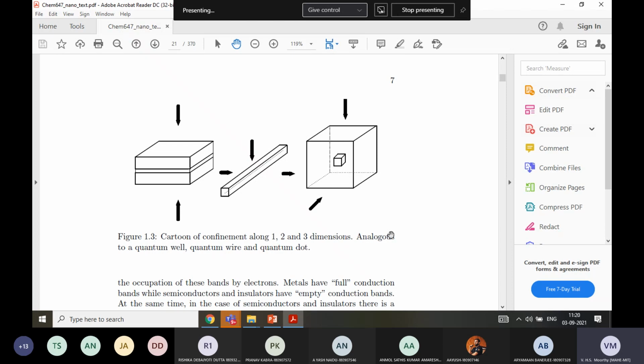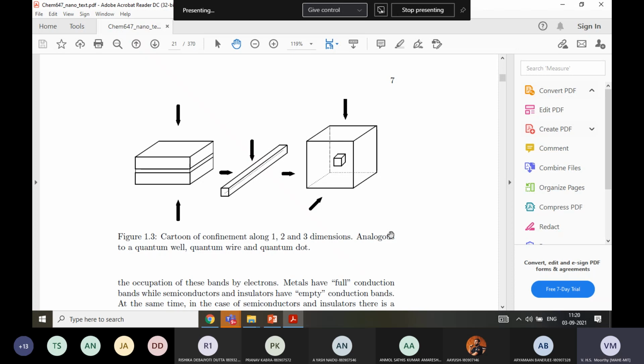It can move freely, but in Z direction, it can access only discrete energy levels. It cannot take continuous values of energy in the Z direction, but only quantized energy states.